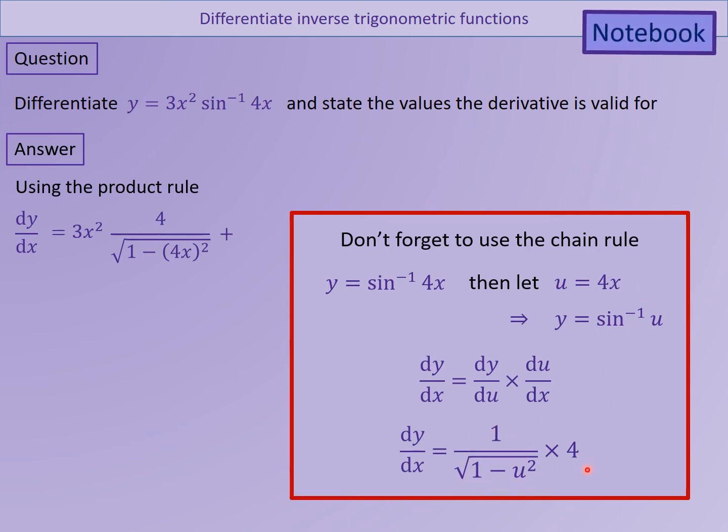I differentiate u and I get 4. I can then put those parts back in, so I can put the 4x in. The common mistake people make is forgetting that 4 on the top. So be very careful, don't mess up on your chain rule. Yes, you substitute in the formula, but don't forget the extra 4 in there.